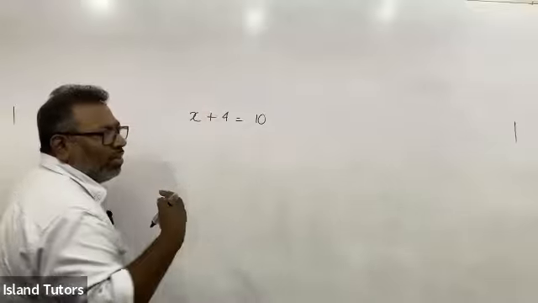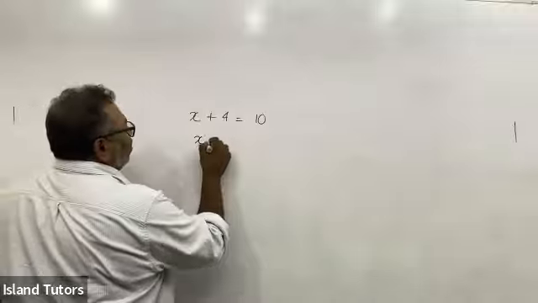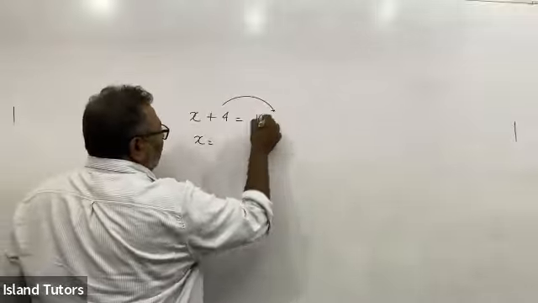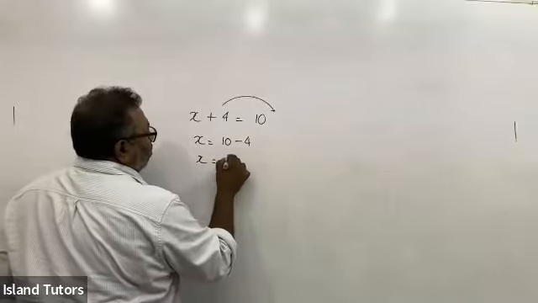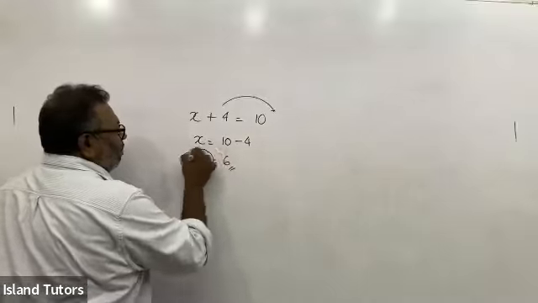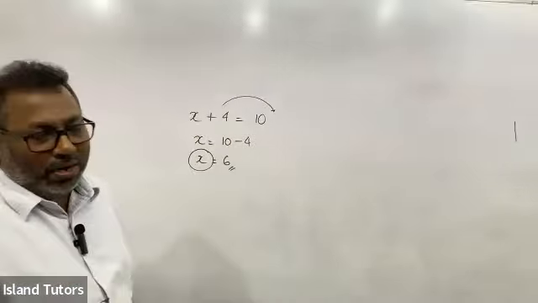We just need to find the value for x. So we take the 4 to this side, and 10 minus 4, x is equal to 6. So we are just finding the value for one unknown.